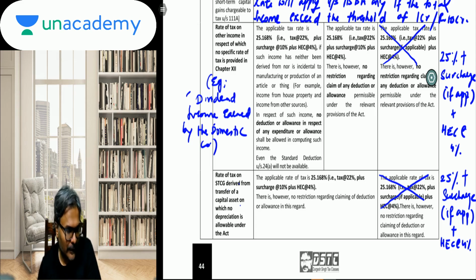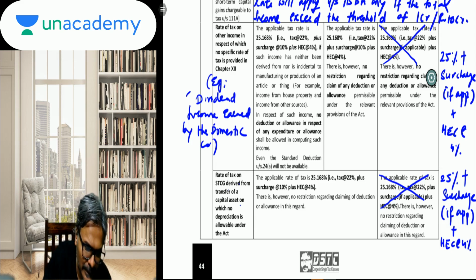So here, if you see very carefully, students, the dividend income which is earned by the domestic company will primarily be taxed at the normal rate. However, what they have said is that for this dividend income, there is this first proviso, students.